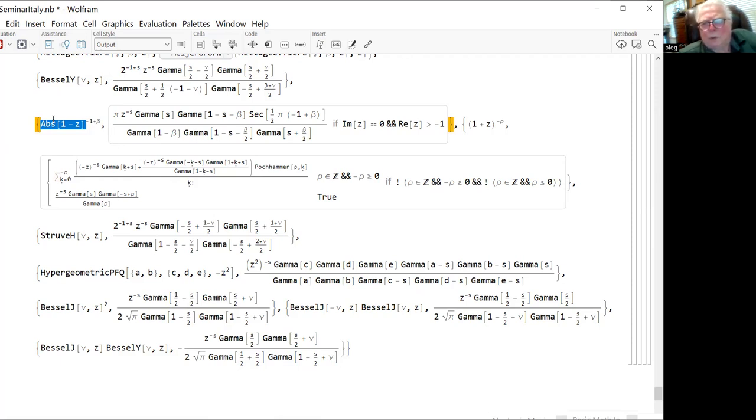Open any book about integral transforms, and you will find that the majority of classical transforms have kernels which are cases of this Fox function.